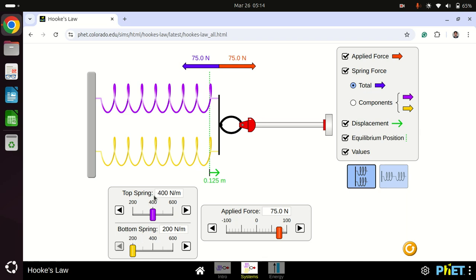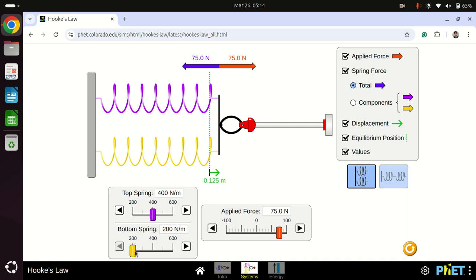So now both springs have different spring constants, but the total force applied is the same, that is 75 Newton. And because this is in equilibrium, we can see this kind of extension. Now K1 and K2, one is 400, another is 200.